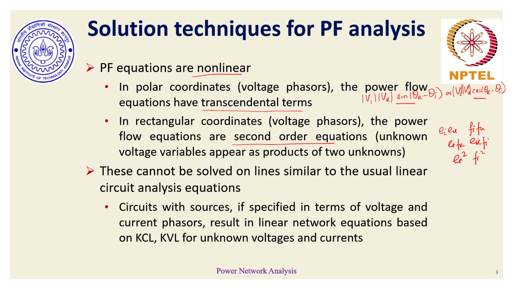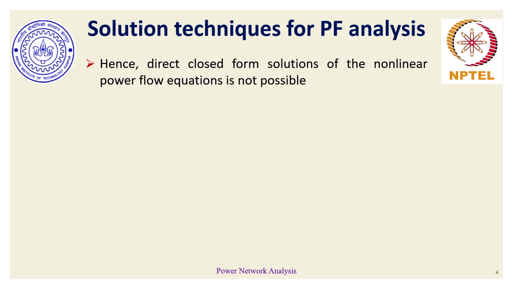Since we have nonlinear equations, the usual way of solving simultaneous linear equations, with the number of equations matching the number of unknowns, doesn't work. So far in the literature, researchers have still not been able to satisfactorily find closed form solutions of the nonlinear power flow equations.